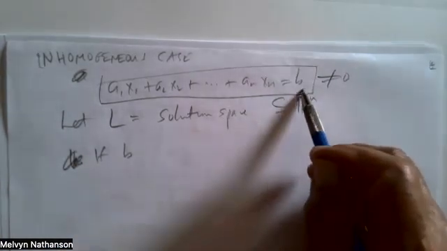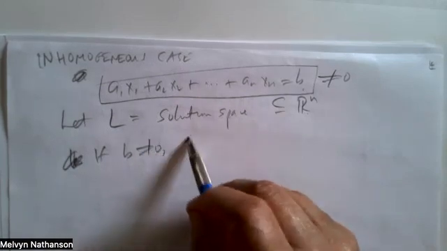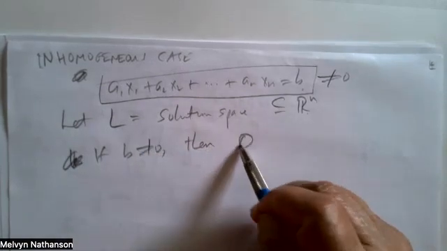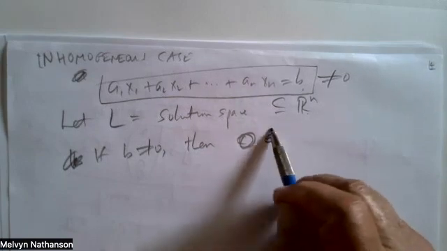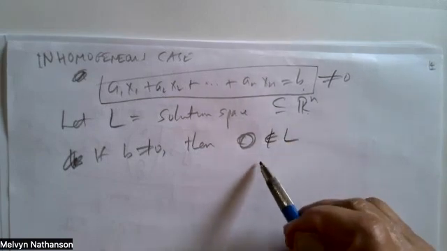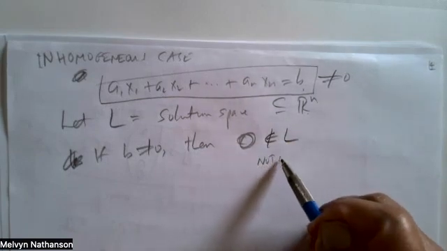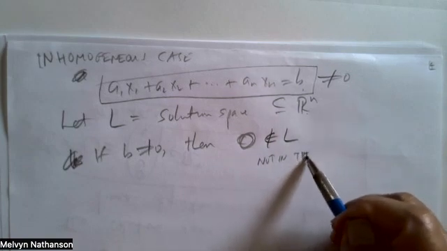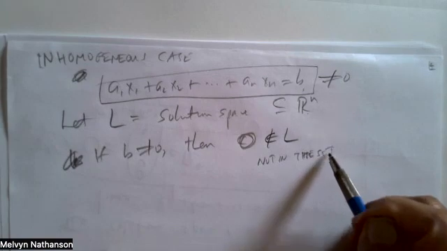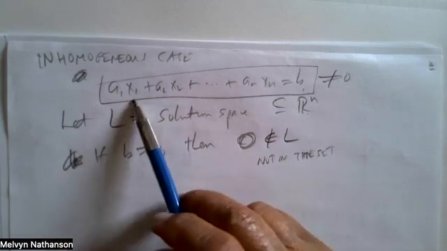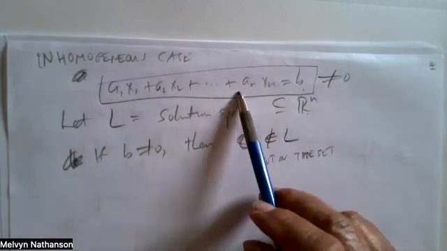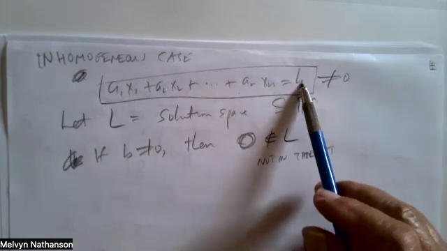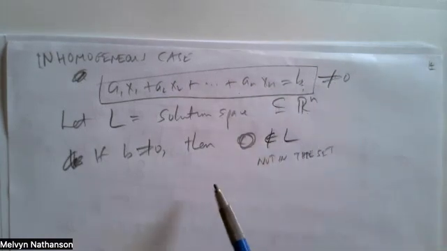If b, the right-hand side, is not zero, then the zero vector is not in L. This symbol means not in the set L. Because if you make all the x's equal to zero, the left-hand side is zero, so that can't equal the right-hand side, which is not zero.